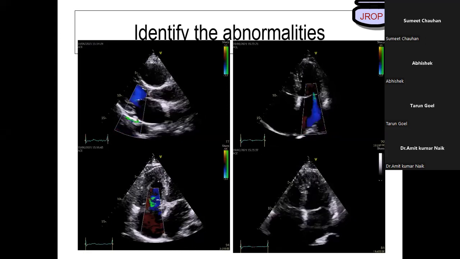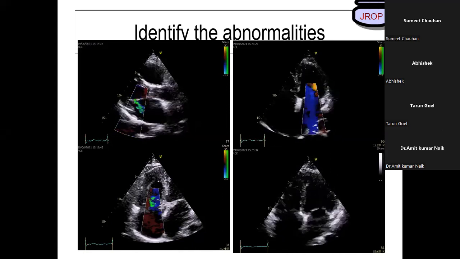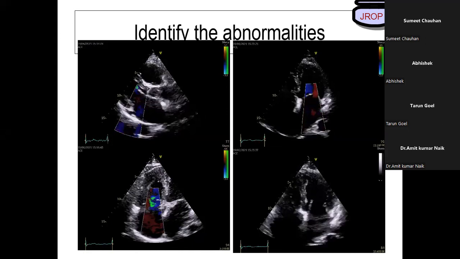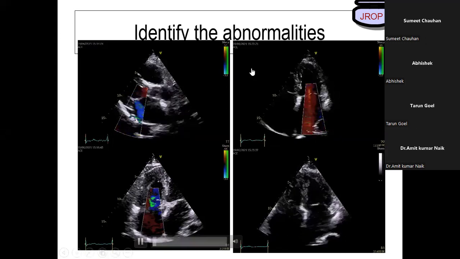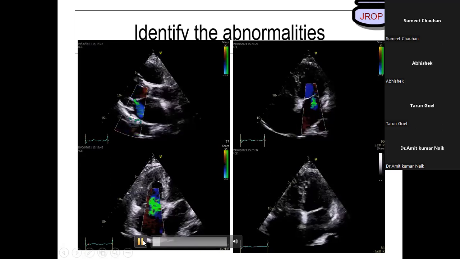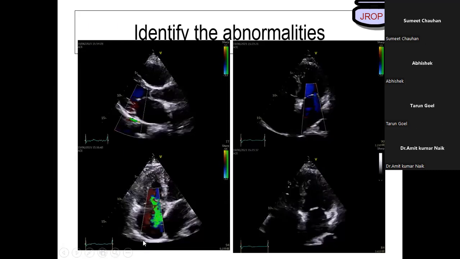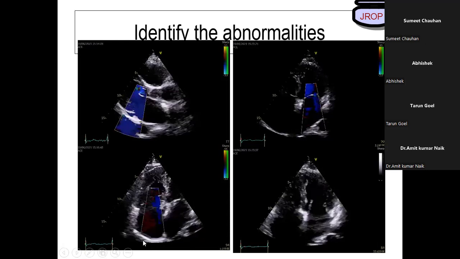What is the abnormality? Sir, mitral regurgitation is there. It's not pure MR. MR with MS. Tricuspid regurgitation is also there.